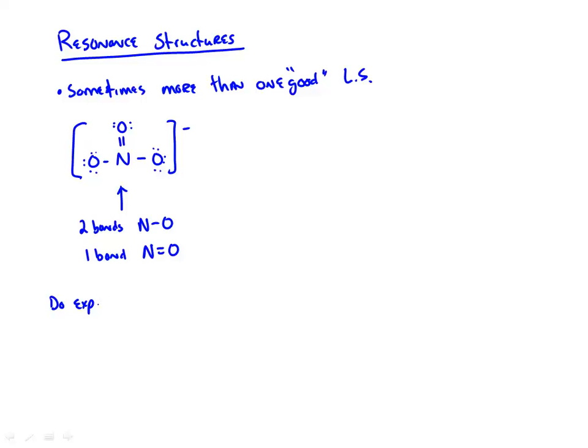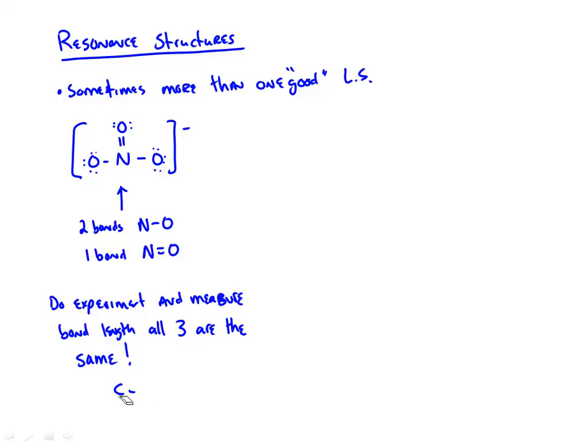So if we do an experiment and measure the bond lengths, or measure the distance between the atoms, all three are the same, which is strange because we would expect a nitrogen-oxygen double bond to be shorter than a nitrogen-oxygen single bond.